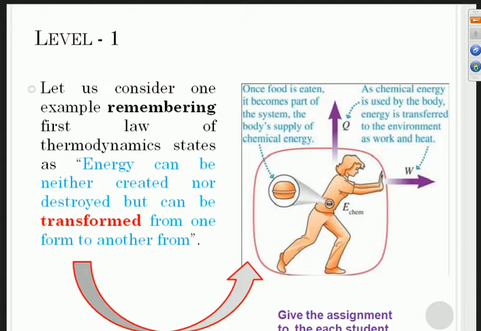That means he is doing some work, which I represented as W with a forward arrow mark, and at the same time he is liberating some energy, heat, outside, which I have represented with a vertical arrow mark as Q. With this example, you can say that chemical energy can be transformed into work. Work is a form of energy. Heat is also a form of energy. So the term transformed, you can stress here with this example.